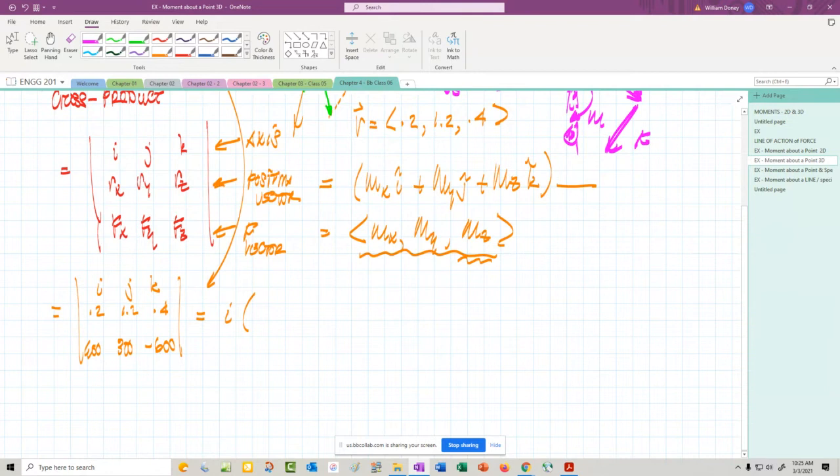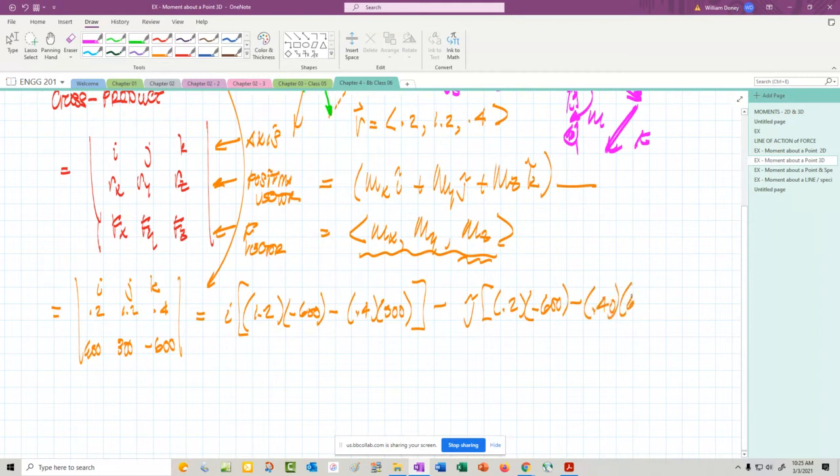The I component, here we go: 1.2 times minus 600 minus 0.4 times 300, minus the J component, which will be 0.2 times minus 600 minus 0.4 times 600, and then plus the K component is going to be 0.2 times 300 minus 1.2 times 600.